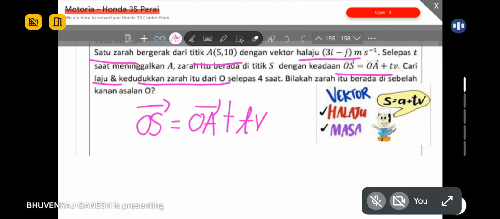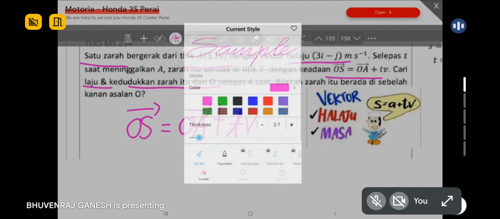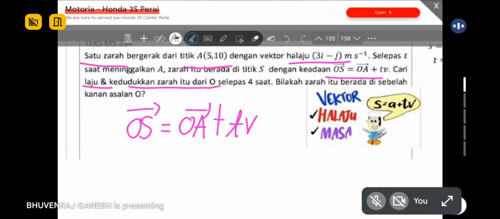Okay? So how you guys actually answer this? It's actually very simple. OA. Can anyone tell me what is OA? Your vector? What is your value for OA? Anyone? The question already give you. Yes. Okay, you can actually just write it as 5 and 10 to be easier lah, guys.